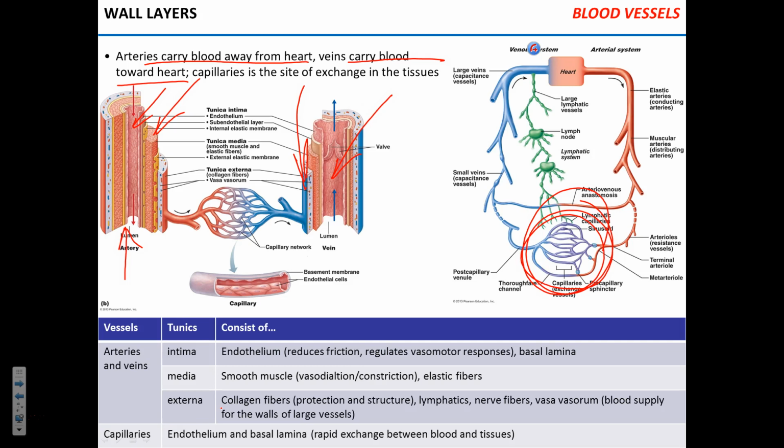I'm not kidding. Unlike other examples of simple squamous epithelium, like simple squamous epithelium in the lungs, for instance, these endothelial cells control dilation and constriction of blood vessels to a large extent.